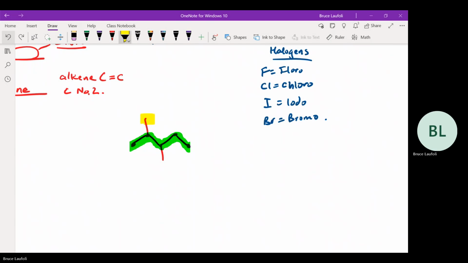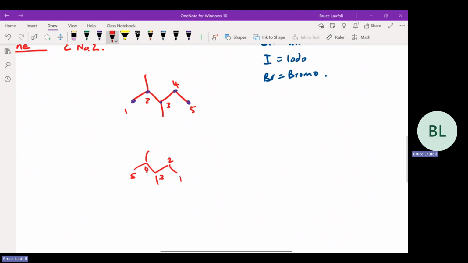Now, let's go over the ways of counting it. We can count from left to right, 1, 2, 3, 4, 5. And the other way is from right to left, 1, 2, 3, 4, 5. But which one has the lowest assigned carbons for the substituent atoms?